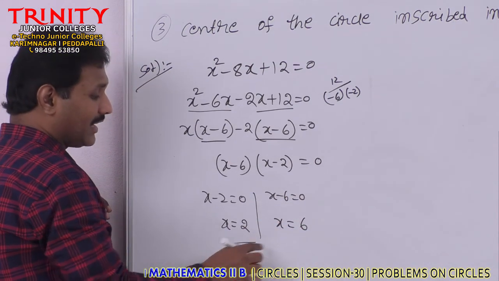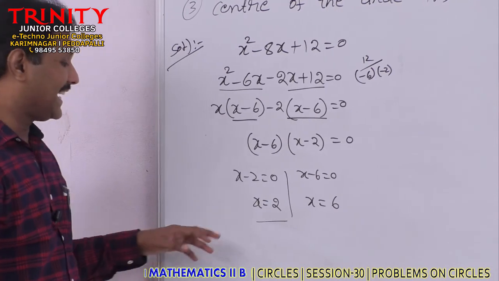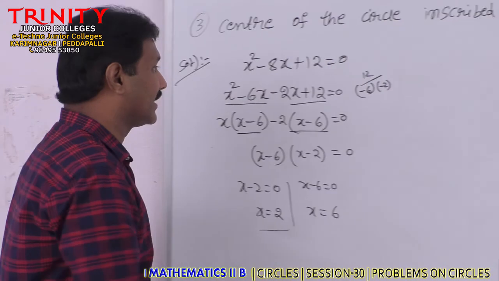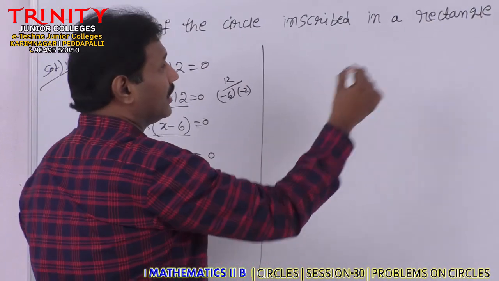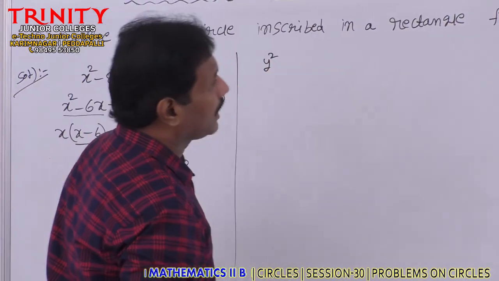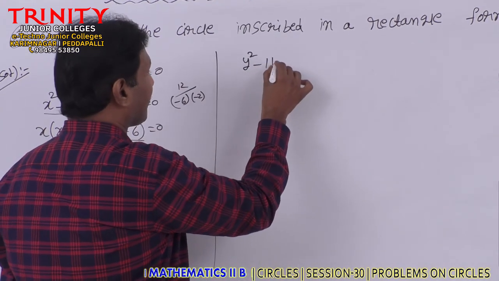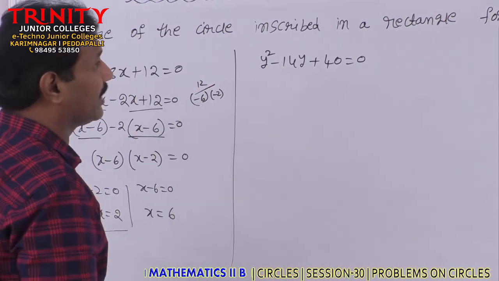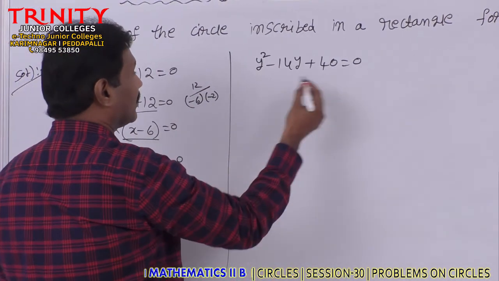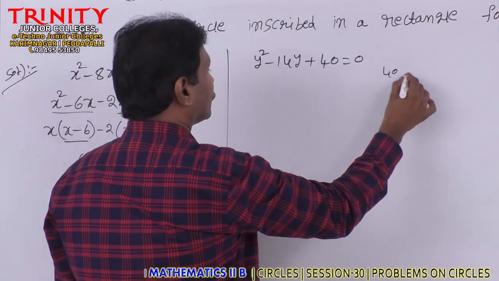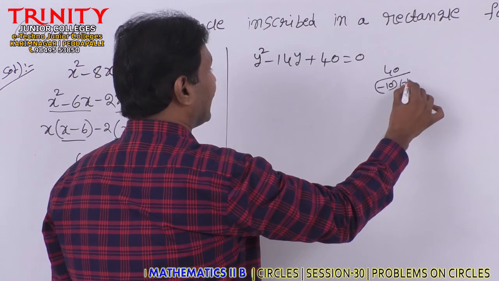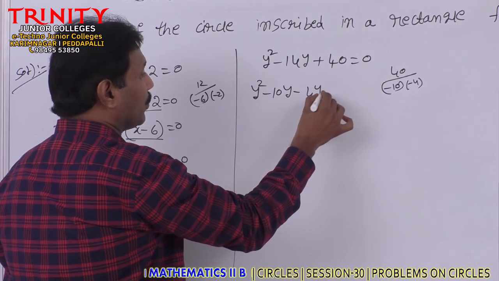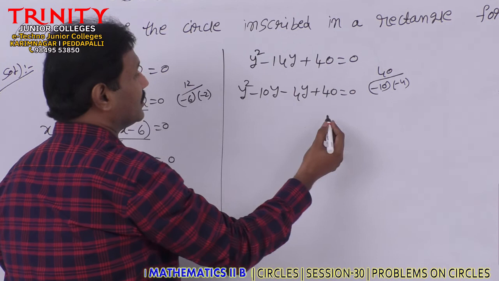These are two lines, x equals 2 and x equals 6. These lines are parallel to the y-axis because x equals some constant. The second equation is y square minus 14y plus 40 equals 0. For 40, minus 10 and minus 4. Y square minus 10y minus 4y plus 40 equals 0.